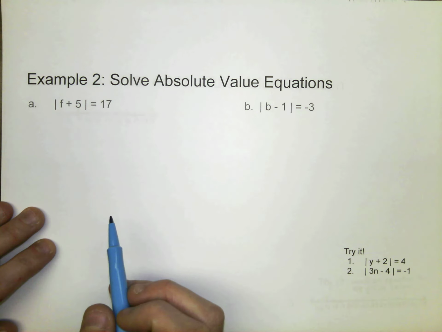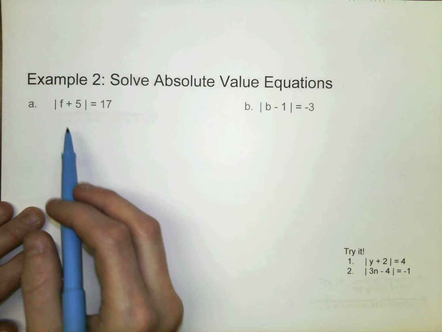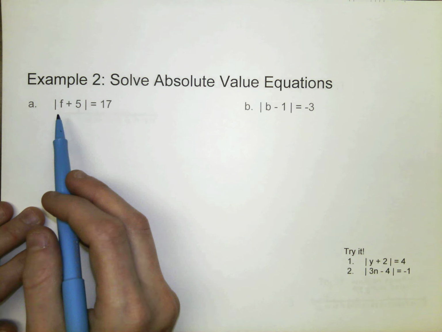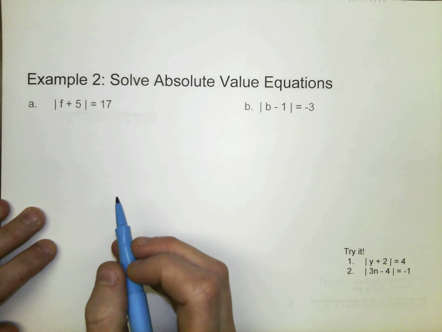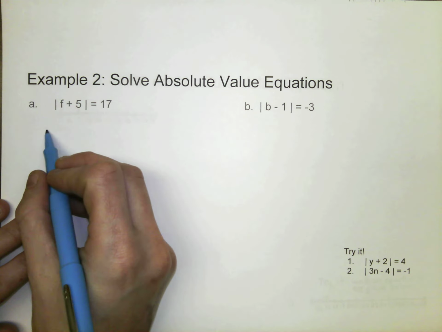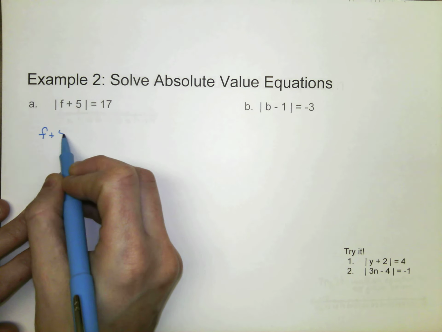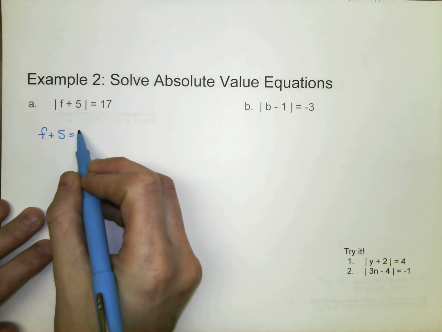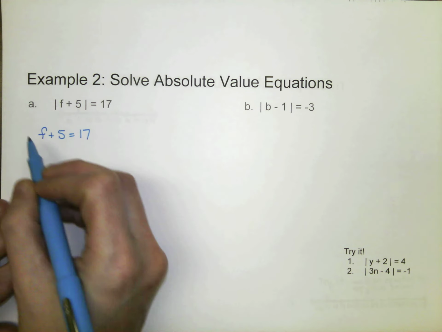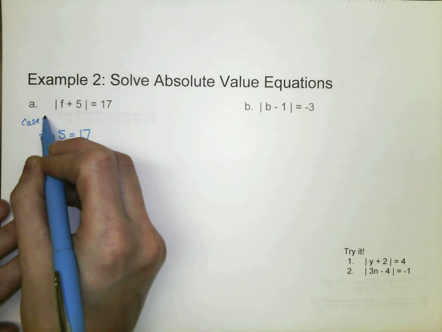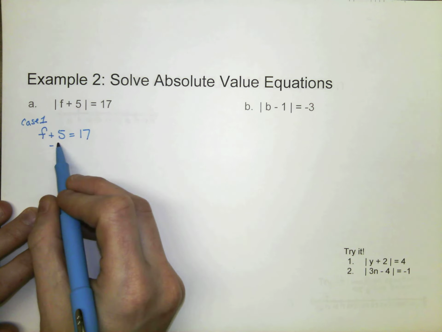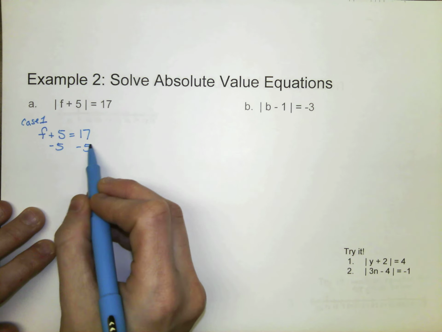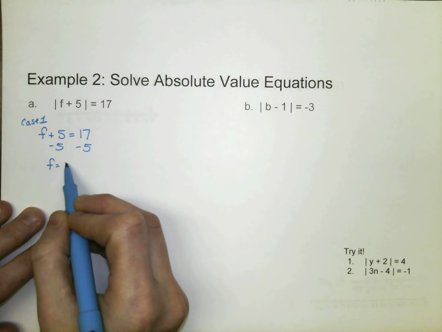Now remember, there are two cases: a case where the expression is negative, or the case where it is positive. For case 1, we'll say f plus 5 equals 17. In this case, we can subtract 5 from each side and get a value of f equals 12.